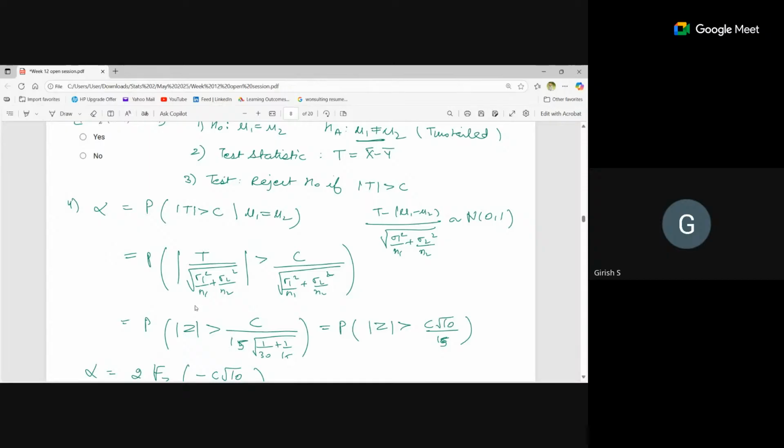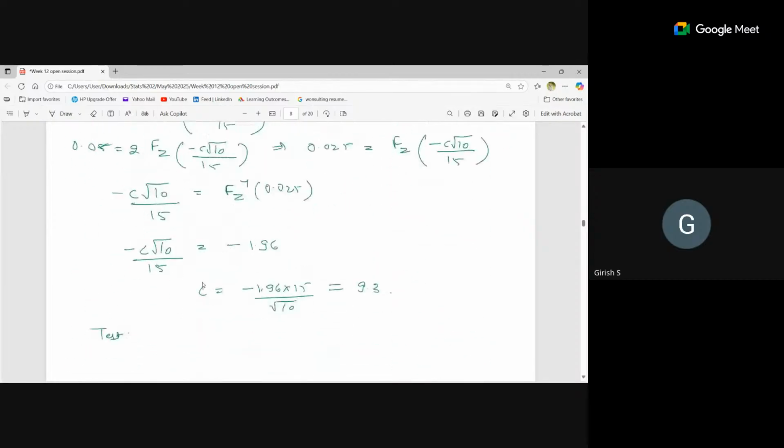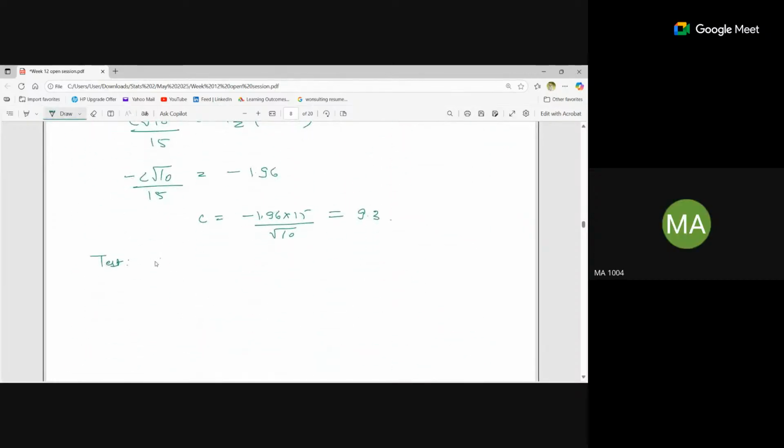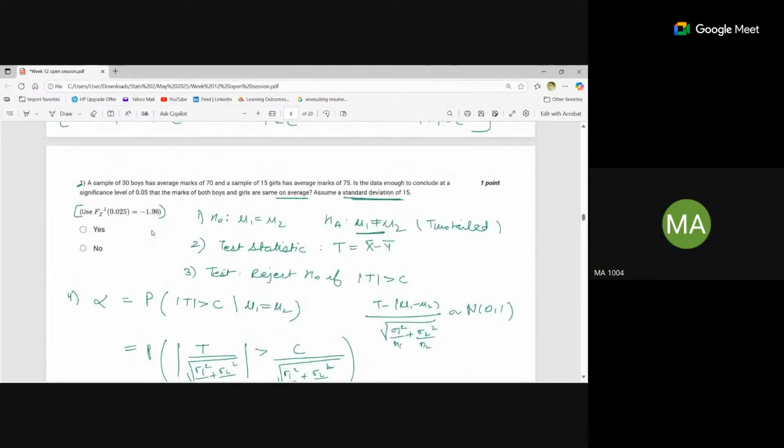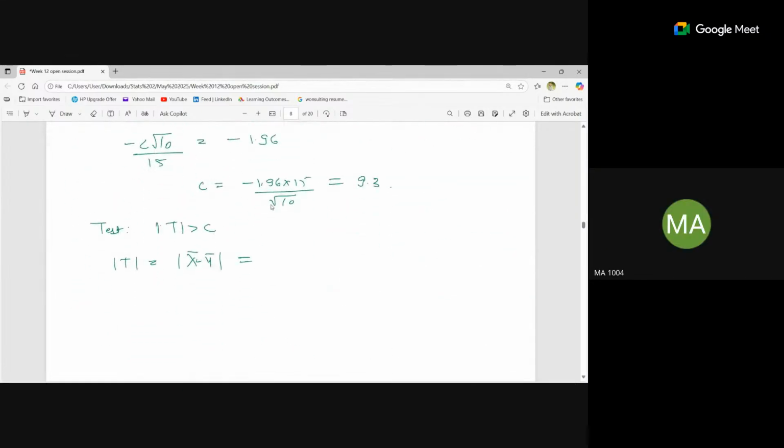So we want to calculate t from the sample. So this will be mod of t greater than 9.3. Now, what is mod of t? Mod of t is basically mod of x bar minus y bar. So what is x bar? The averages are 70 and 75. So this is mod of 5, correct?